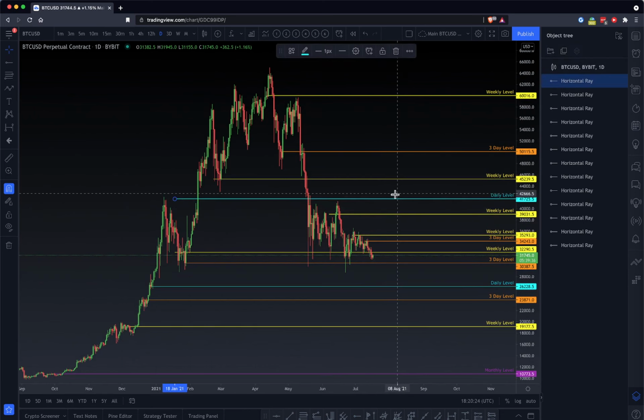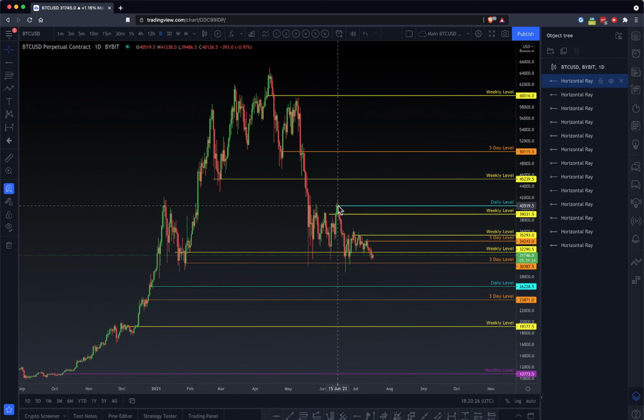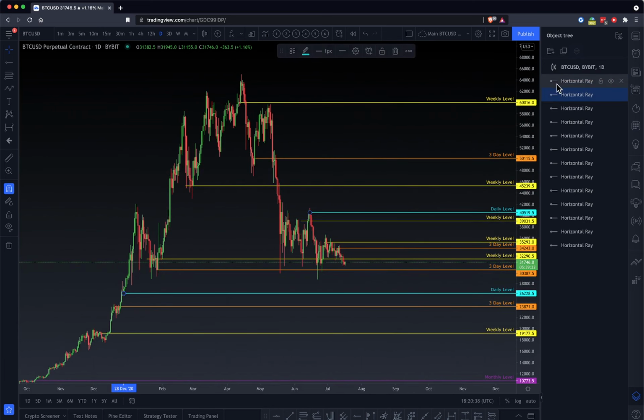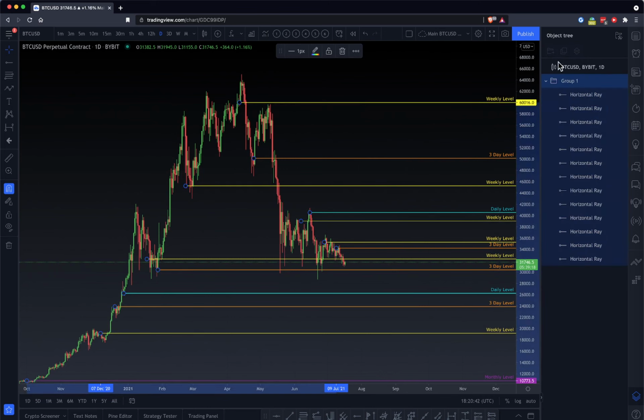Daily on top. Okay, so these are all the levels that we have for the horizontals. Let's put them in a folder. High time frame levels.